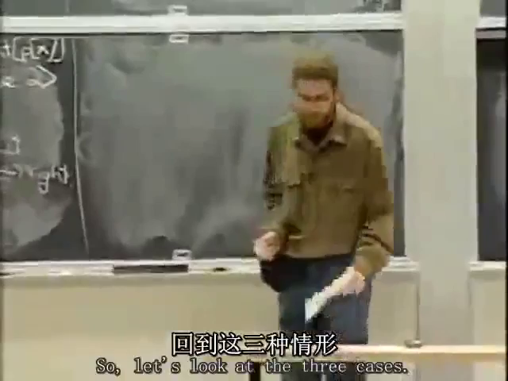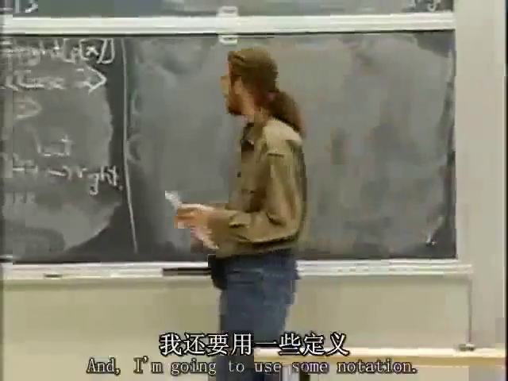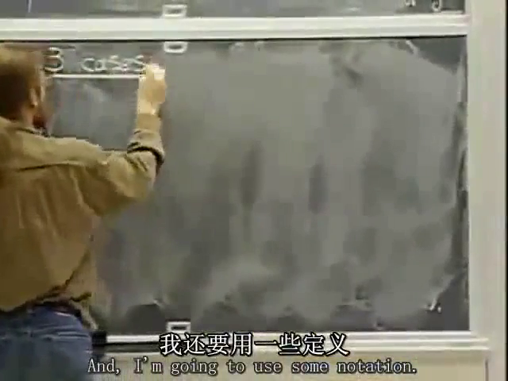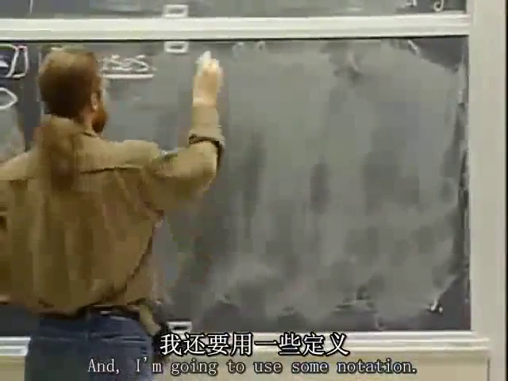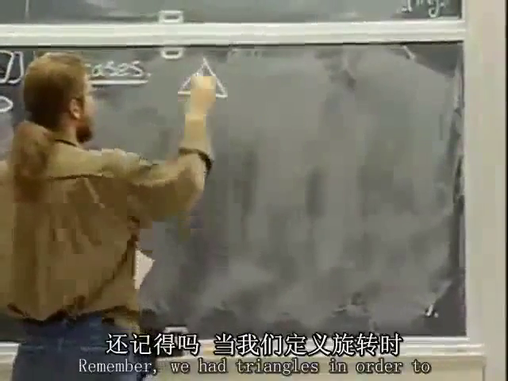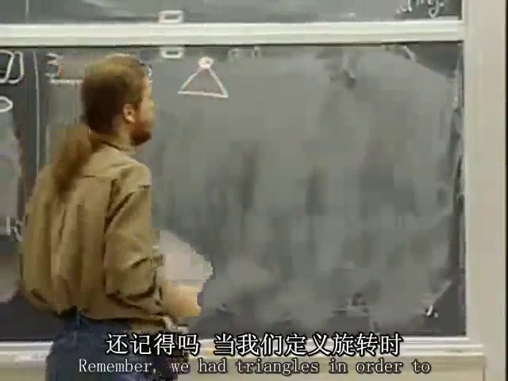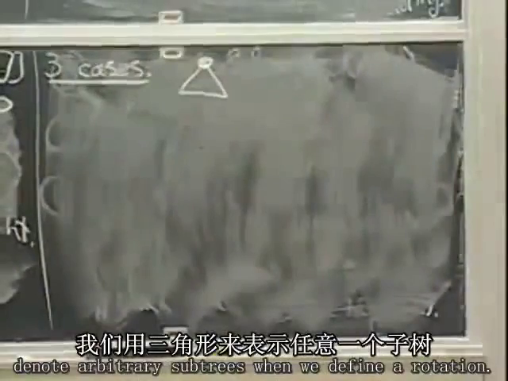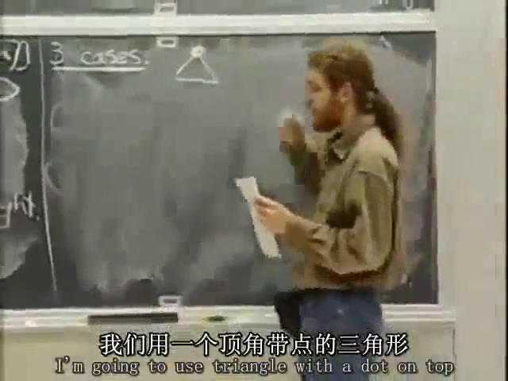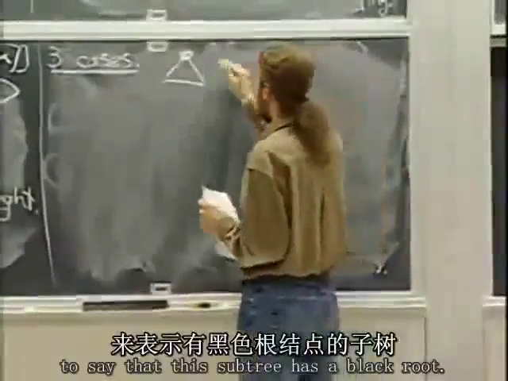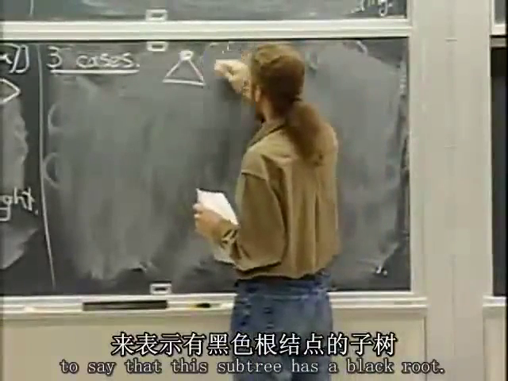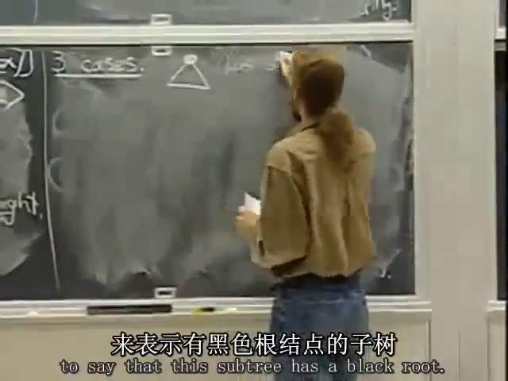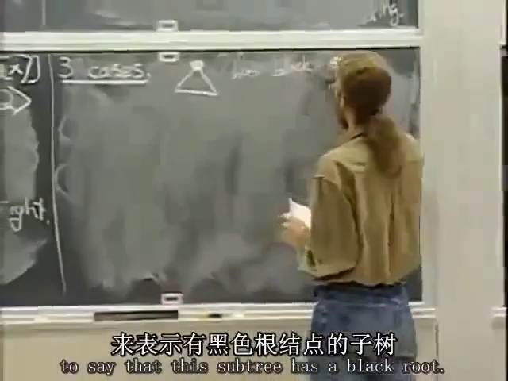So let's look at the 3 cases. And I'm going to use some notation. Remember, we had triangles in order to denote arbitrary subtrees when we defined a rotation. I'm going to use a triangle with a dot on top to say that this subtree has a black root.